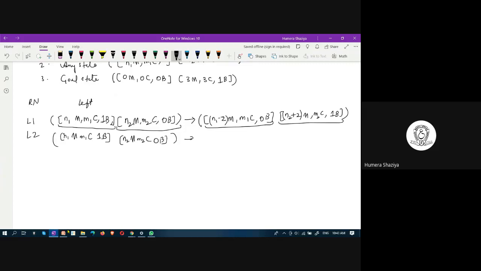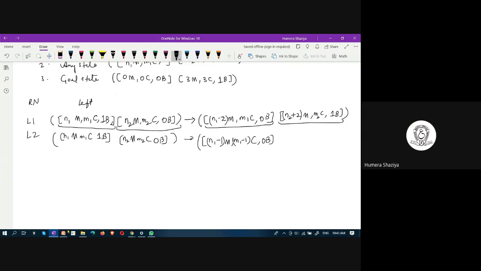Next state is N1 minus 1 M, M1 minus 1 C, 0 boat. Did you understand what we did here? From the left side, you are taking one missionary and one cannibal.